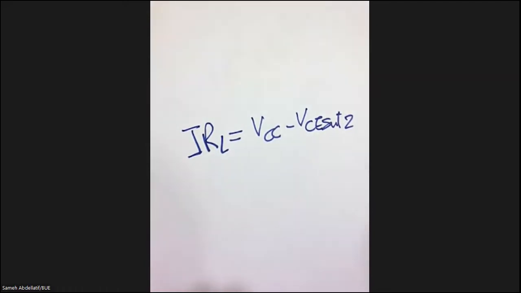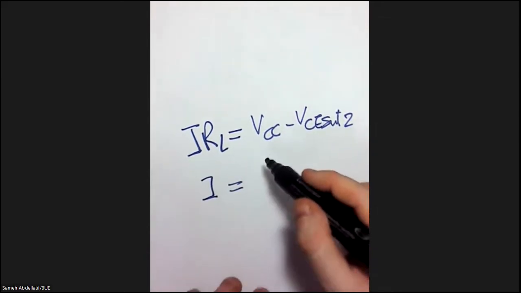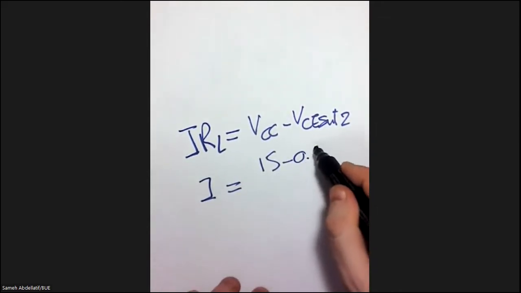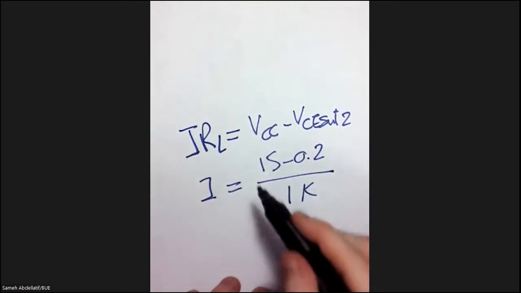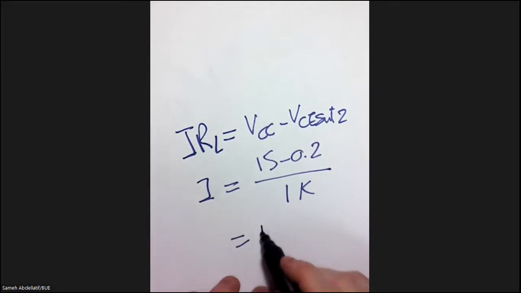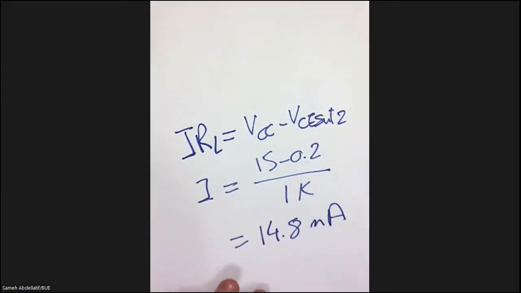So I think everything is given except I. So simply you can calculate I, that's I equals 15 minus 0.2 over 1K, resulting in 14.8 milliampere. This is the direct substitution.